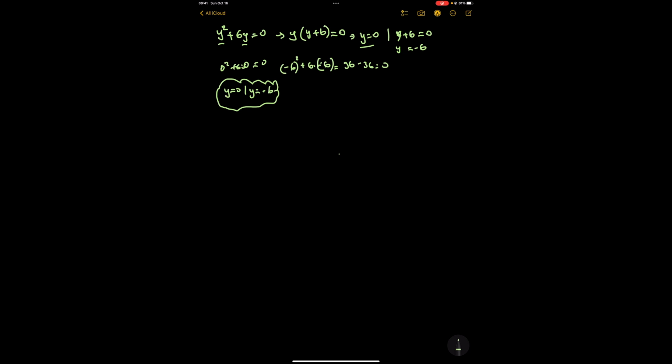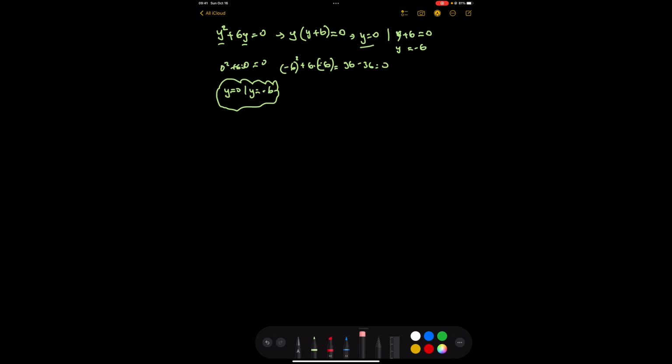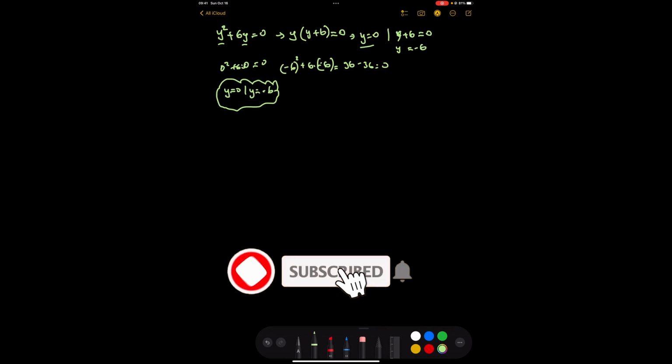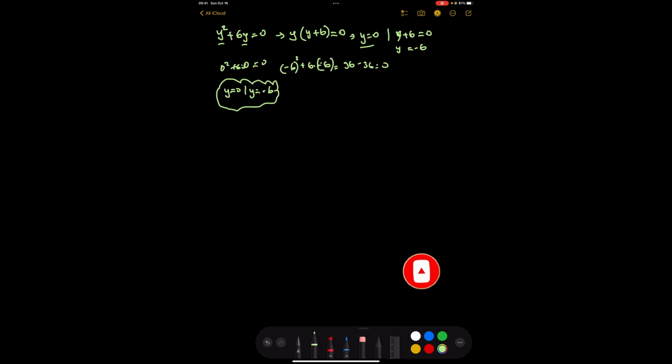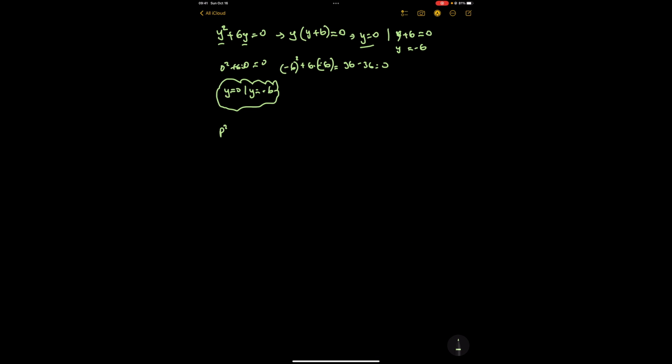So that one works. Let's do a second example. We're going to do as many as we can in a short period of time. Let's say we have p squared minus 81 equal to 0. Guys, this should already look familiar.